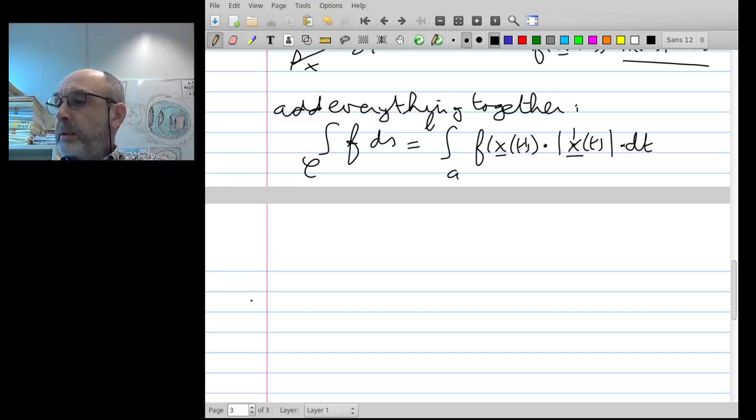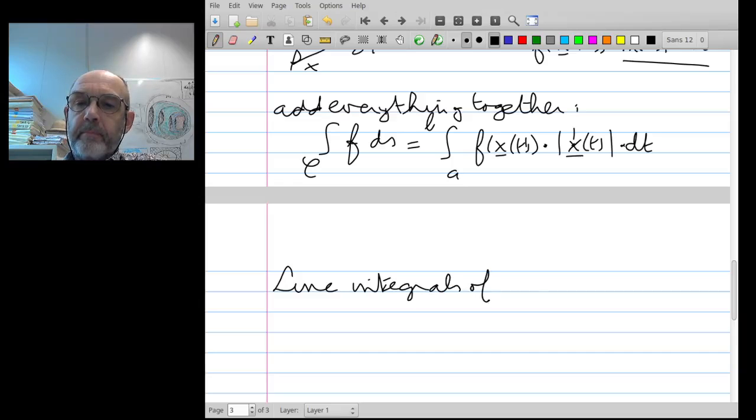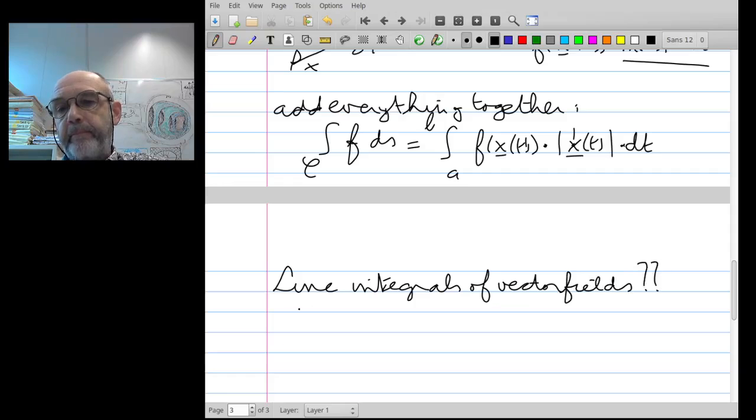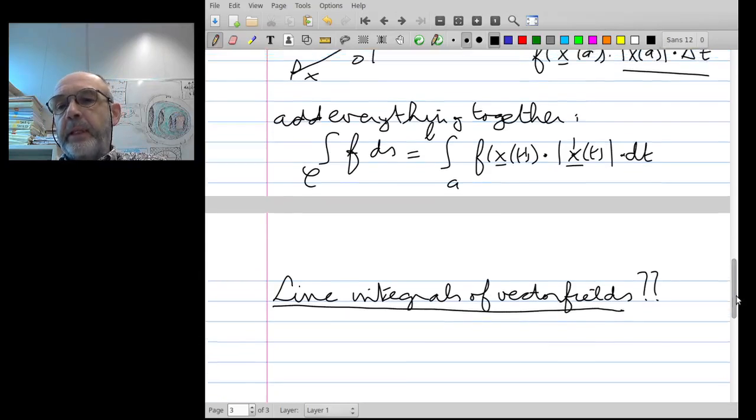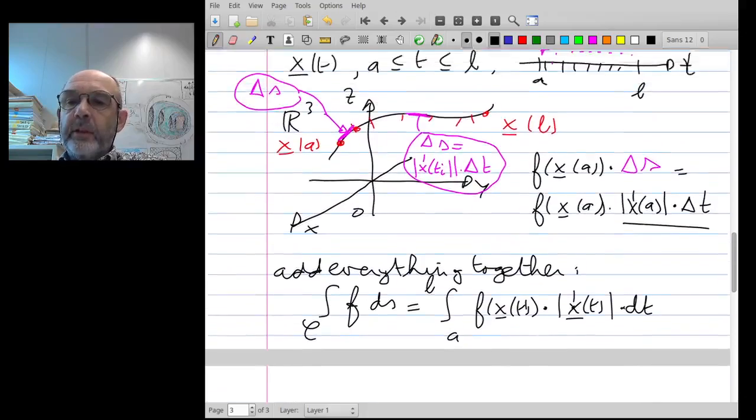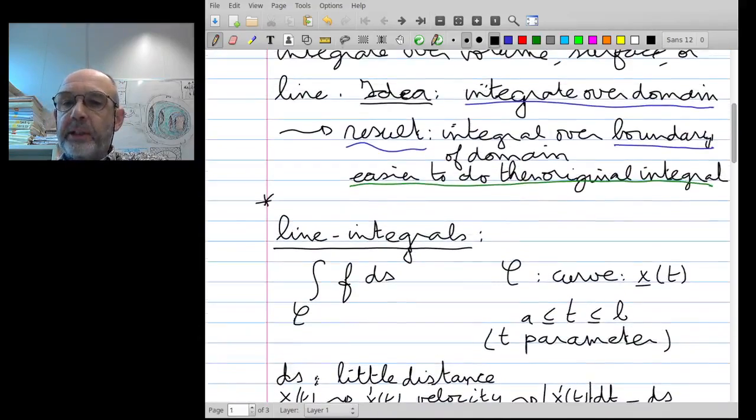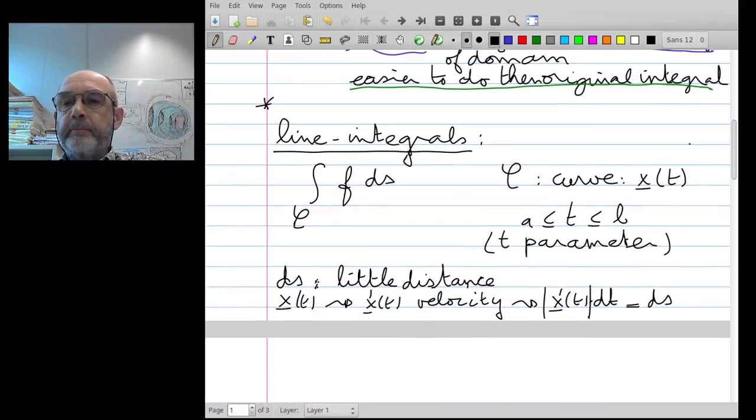What to do now with line integrals of vector fields? Here we just integrated a function over some line.